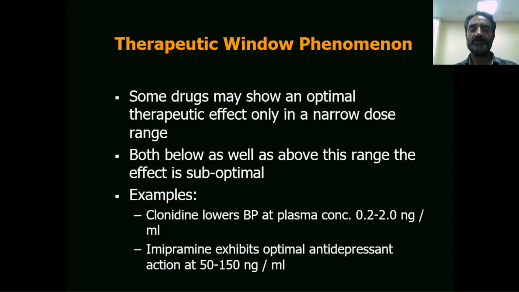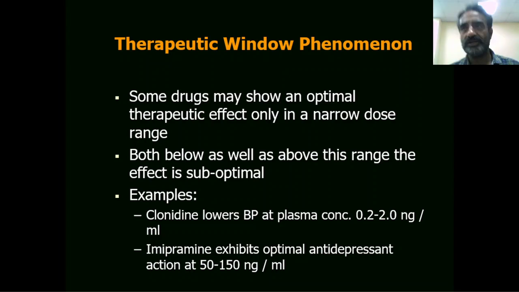It is shown by only a few drugs, not all drugs. Some drugs may show an optimal therapeutic effect only in a narrow dose range, not below that and not above that. Both below and above this range, the effect is suboptimal.